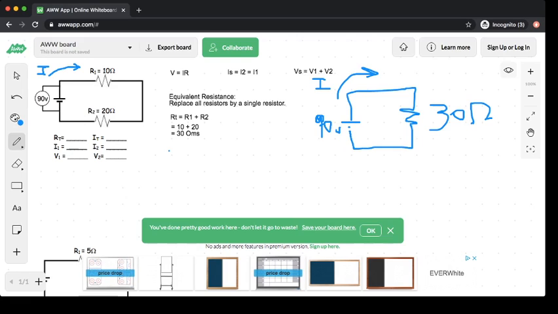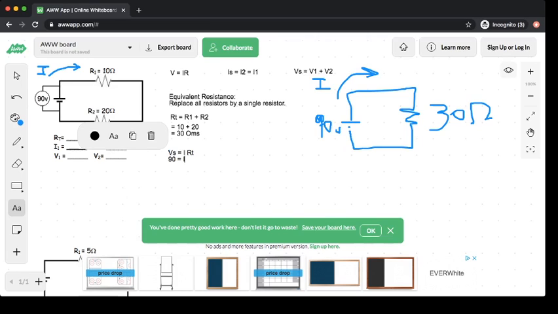And so let's see where that equation gets us. So my voltage source is equal to my total current times this equivalent total resistance. And so if I'm plugging in values, the voltage of my voltage source is 90 volts.